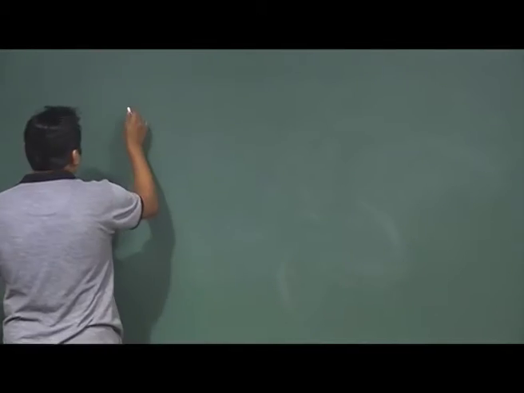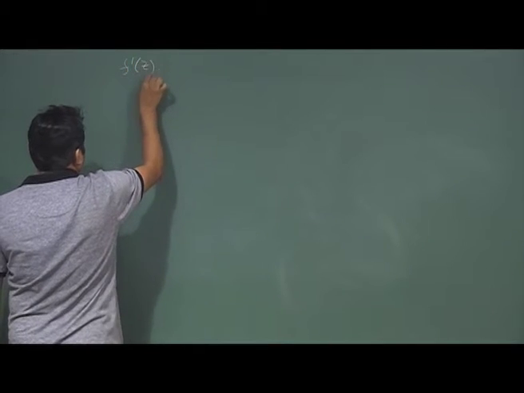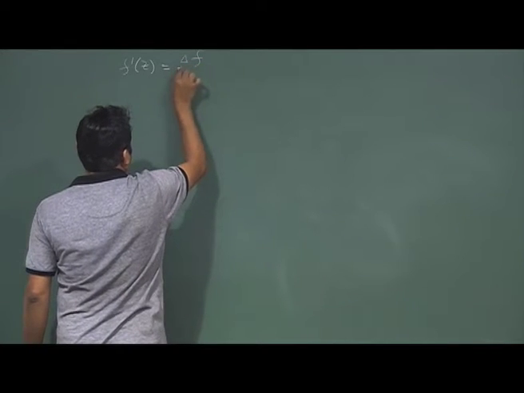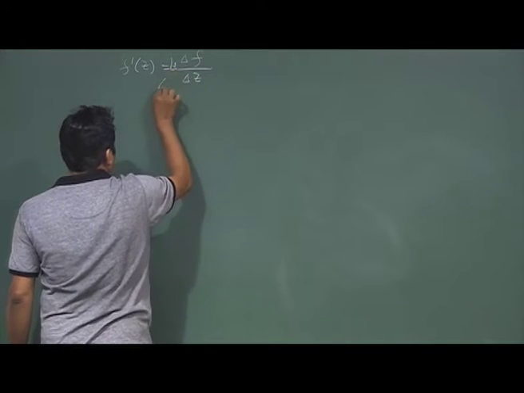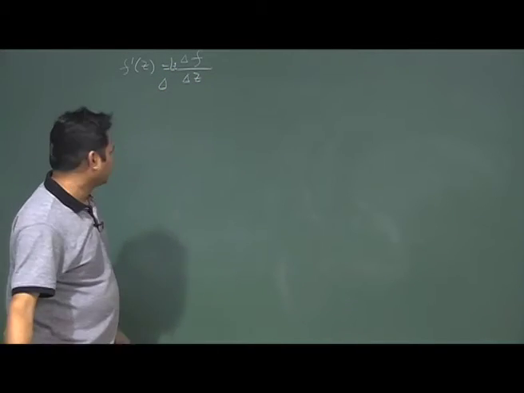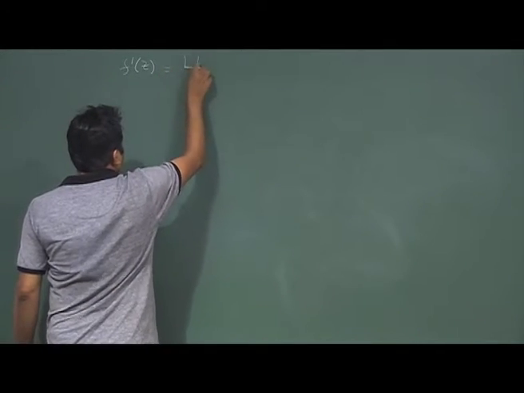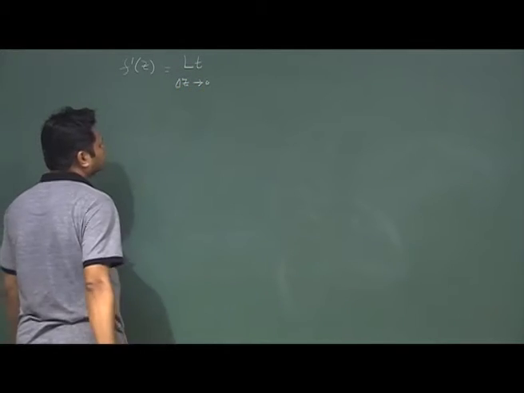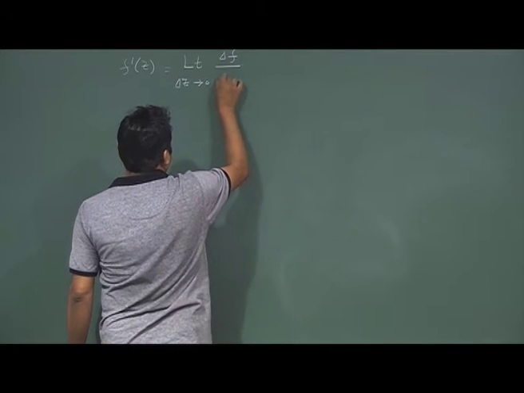So, I try to find out this quantity, which by definition is the change of f with respect to z. Let me write it once again: limit delta z tends to 0, delta f divided by delta z.